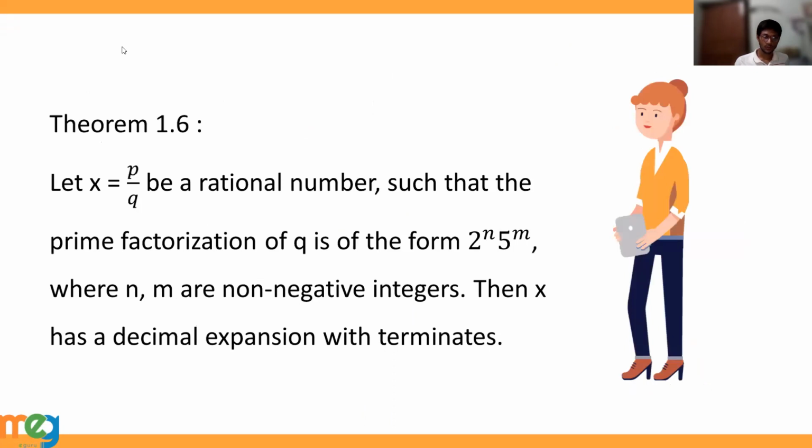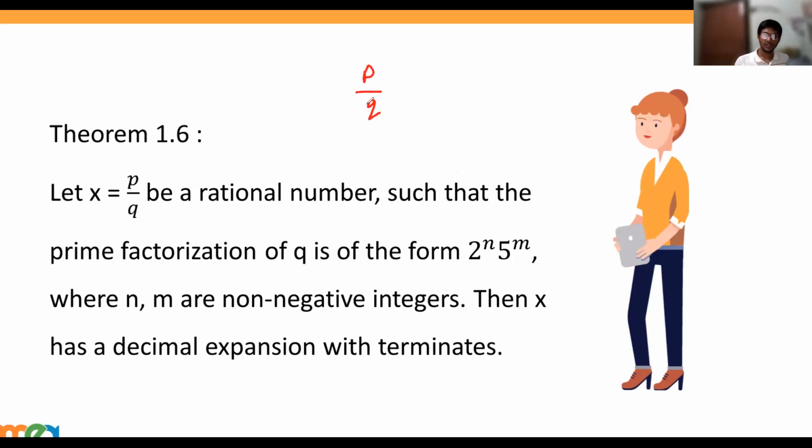We concluded one more theorem, that if there is a rational number P by Q, where Q has a prime factorization of 2 raised to n into 5 raised to m, this means that its decimal expansion will be terminating. Then we again came to another theorem.